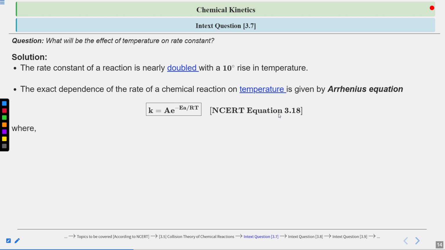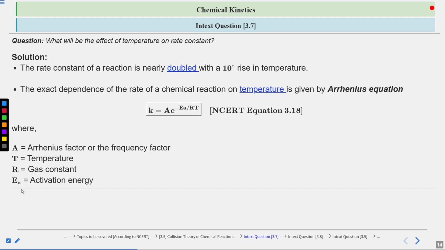Here A is the Arrhenius factor, or the frequency factor. T represents the temperature, R represents the gas constant, and EA represents the activation energy.